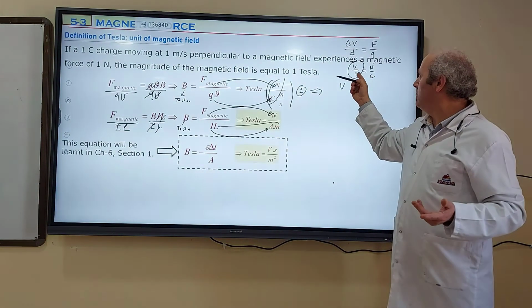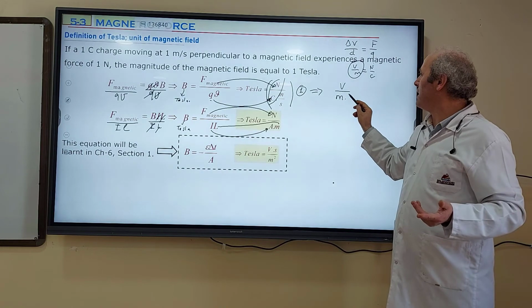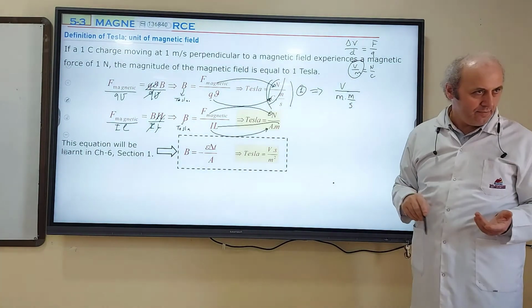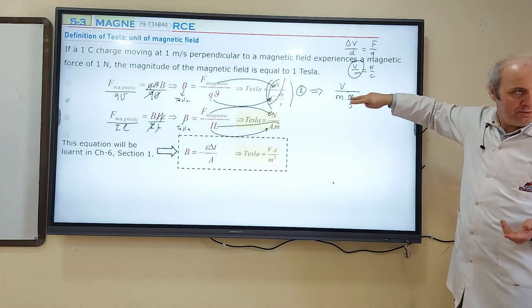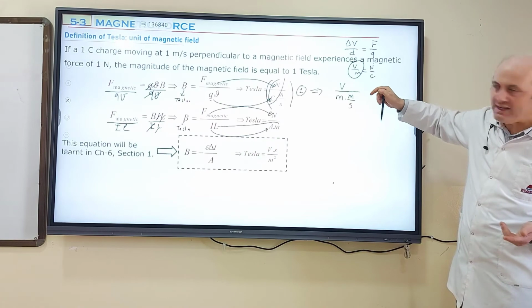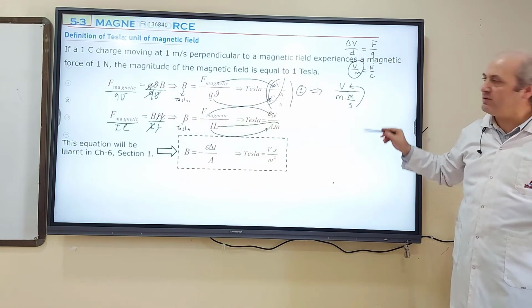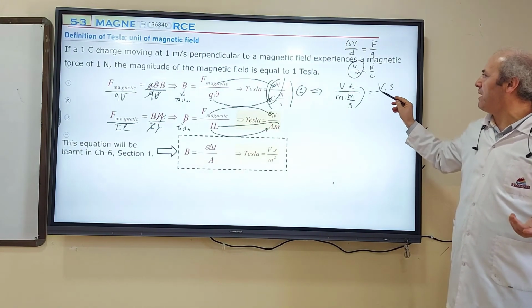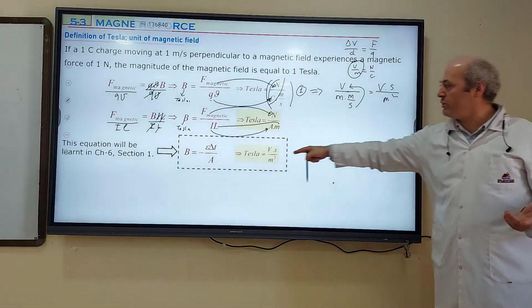Coulomb changes to meter. And multiply by meter per second. Then this must be flipped. Meter per second must be flipped. Second goes up, just next to the volt. It becomes volt times second divided by meter times meter, meter squared. Did we get that equation?